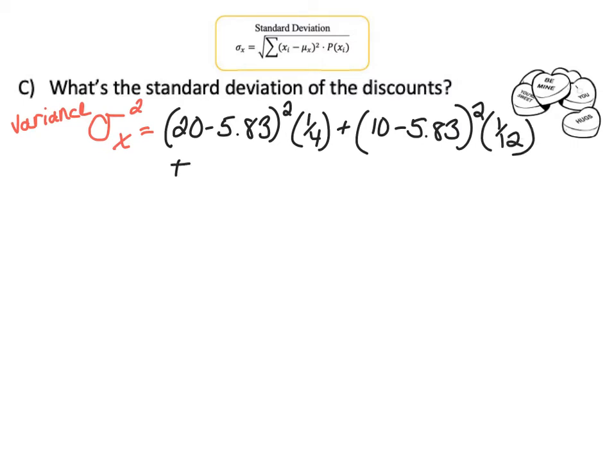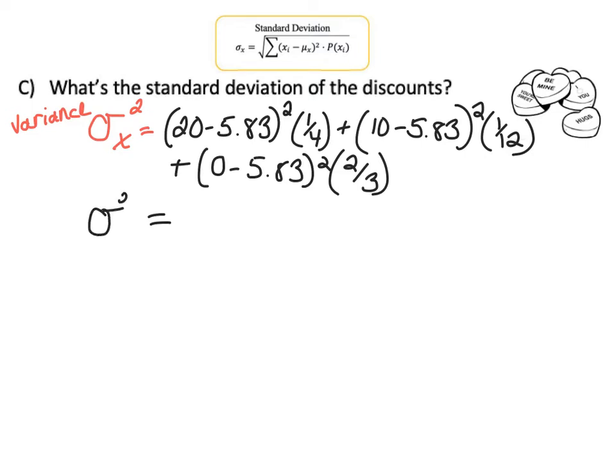And then plus, the last one was 0 minus the mean, 5.83, square it, times the chance of that occurring was 2/3. Okay, so take a second, type that in your calculator, and I get that the variance is approximately 74.306, and I just leave that value on my screen so that I don't round multiple times.